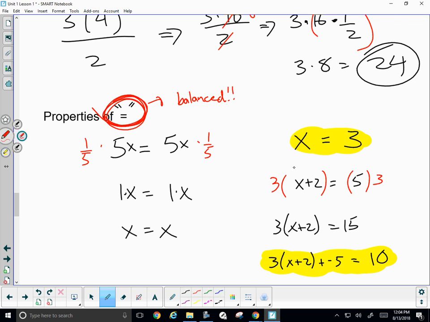I could have even added a step, and instead of multiplying by 3, I could have squared both sides. So if I turn this into a square here, this is going to turn into a 25, 5 times 5. Then I need to multiply by 3.